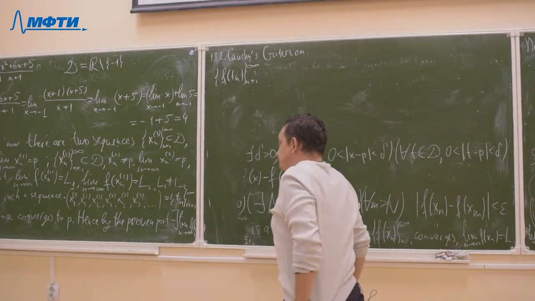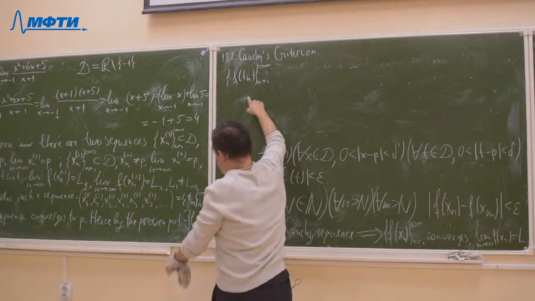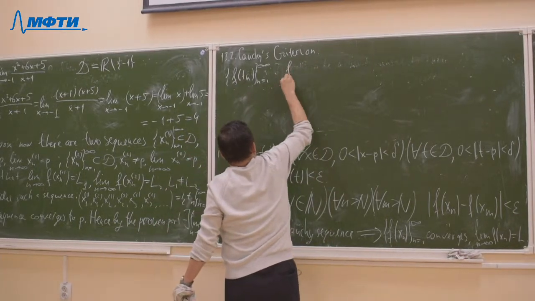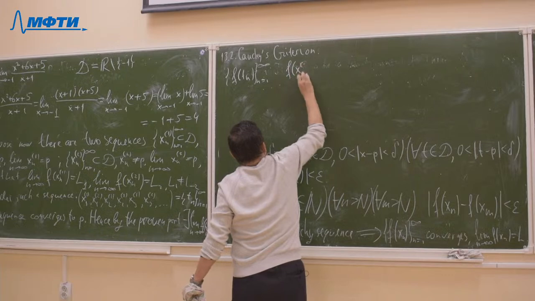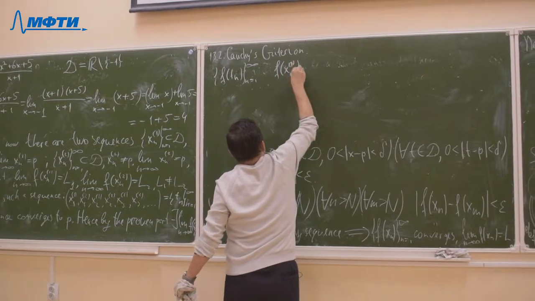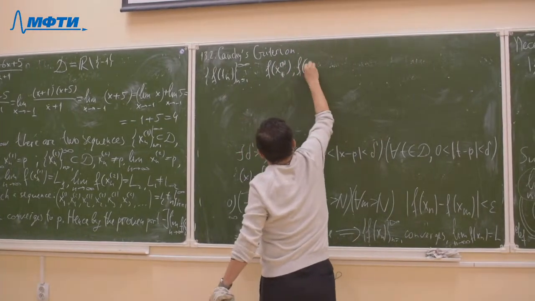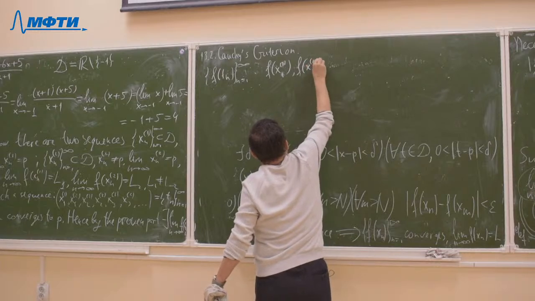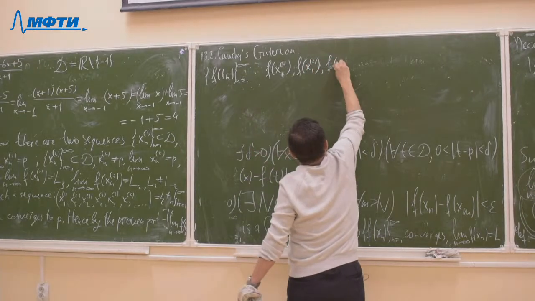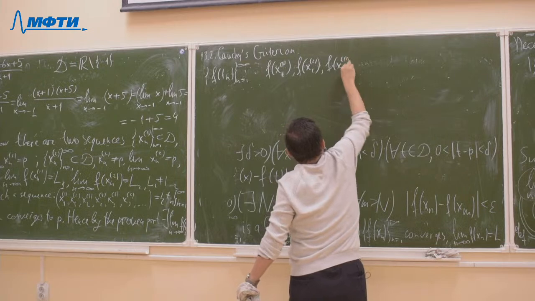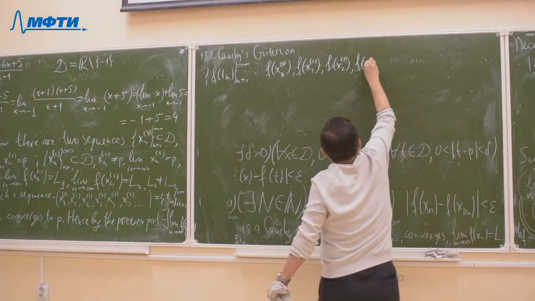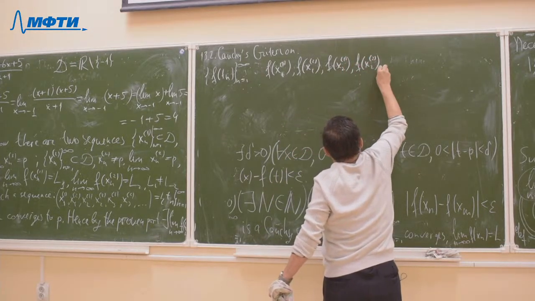Let me write it in more detail. That is f of x_{n_1,1}, then f of x_{n_1,2}, then f of x_{n_2,1}, f of x_{n_2,2}, and so on.